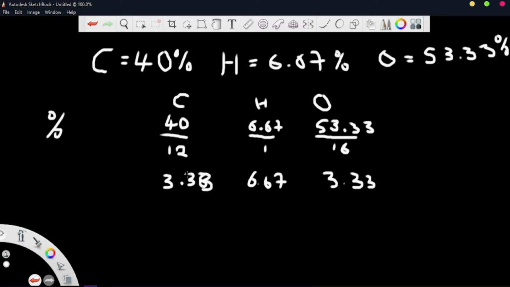Now when we reach this stage, we have to divide by the smallest number, which is obviously 3.33. So we're going to divide each of these by 3.33.